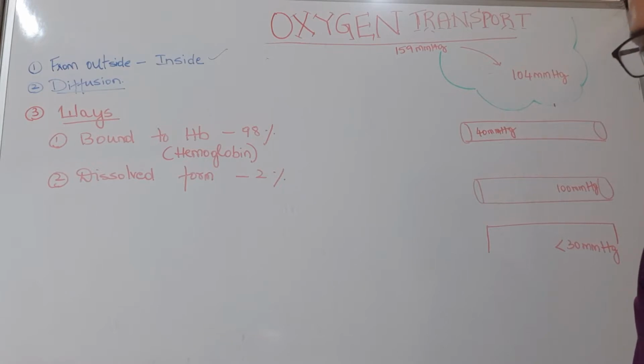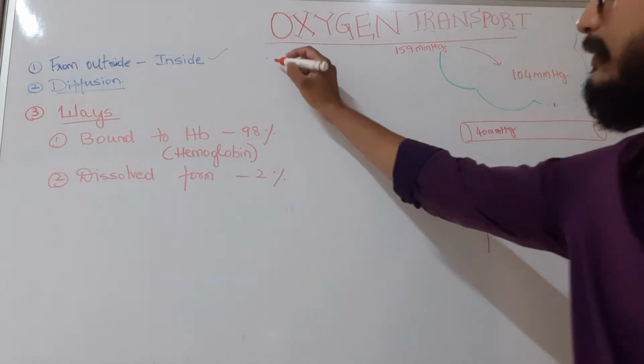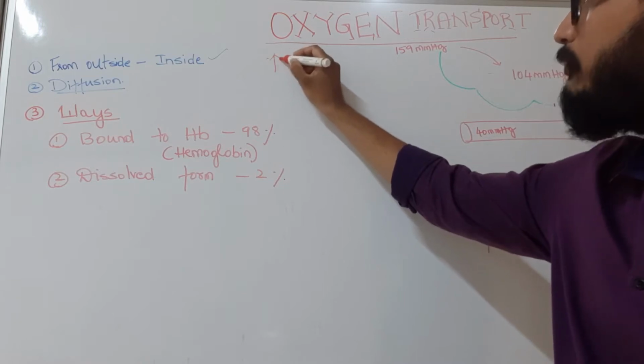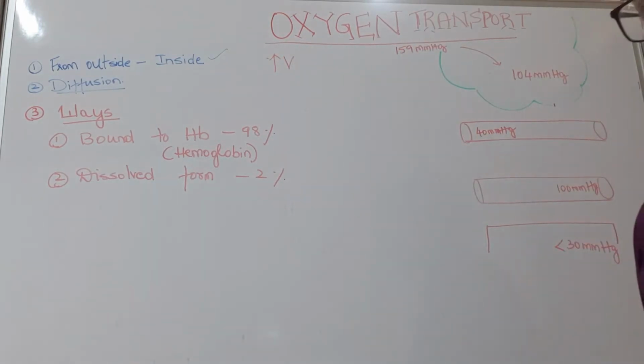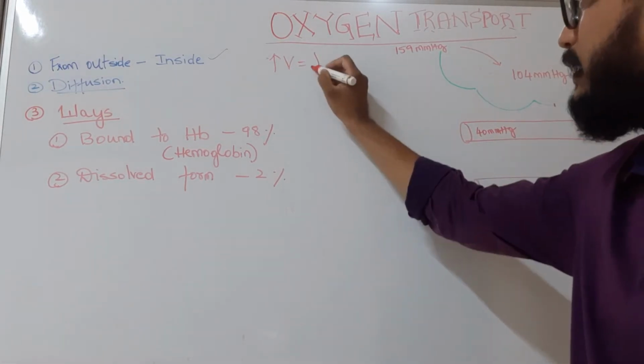We had seen in the mechanics of breathing in the last class, whenever inspiration is initiated from the medulla oblongata, it causes the contraction of the diaphragm and also the external intercostal muscles, both of which make the volume of the thoracic cavity increase. Whenever the volume is increased, the pressure decreases.